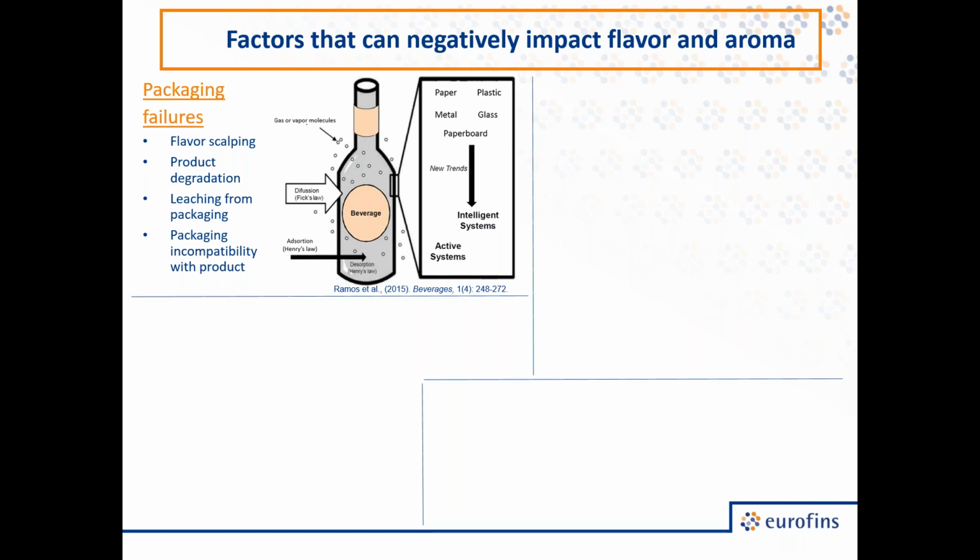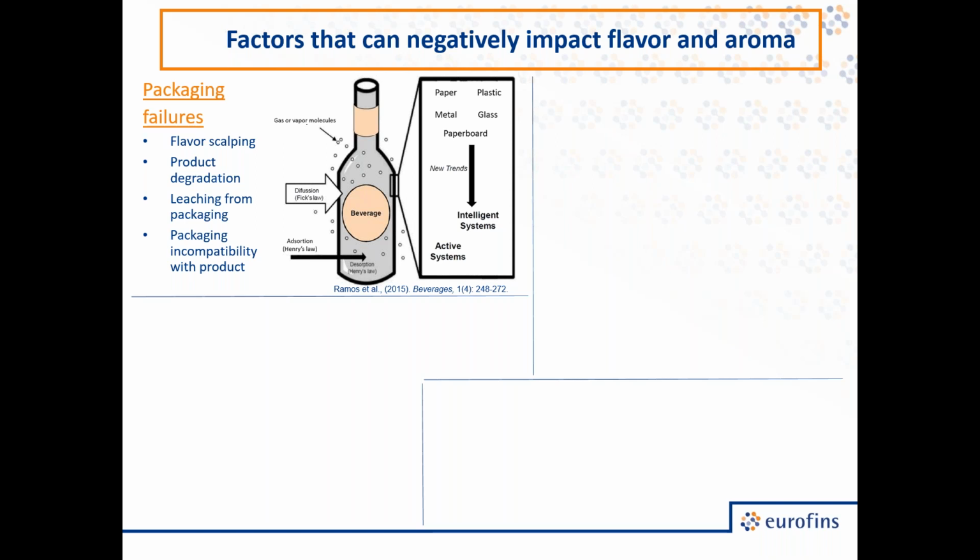So the longer a product is stored in this packaging, the more of these flavor compounds are absorbed. This can be a problem with plastic-based materials. Over time, what you can get with flavor scalping is a muting of the overall flavor profile, that is, it becomes less intense. In addition, you can also get a shift in the flavor profile, as certain compounds will be absorbed more readily by the packaging material than others.